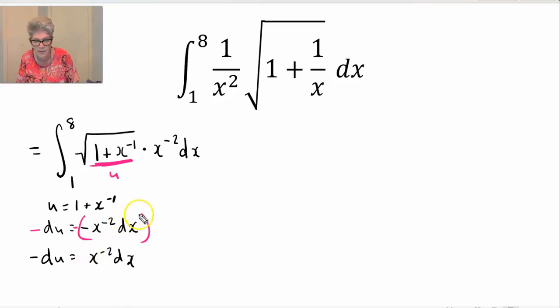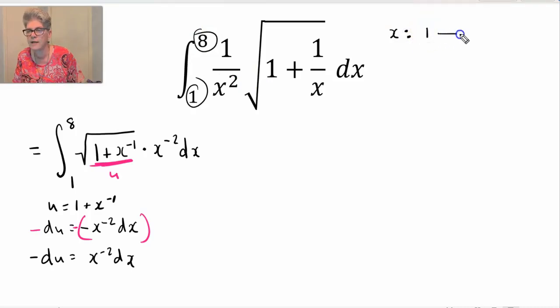Before I write this with respect to u, I need to change the limits. These limits are with respect to x. So x is going from 1 to 8. So what about u? Well, I've let u be equal to 1 plus x inverse, or 1 over x.